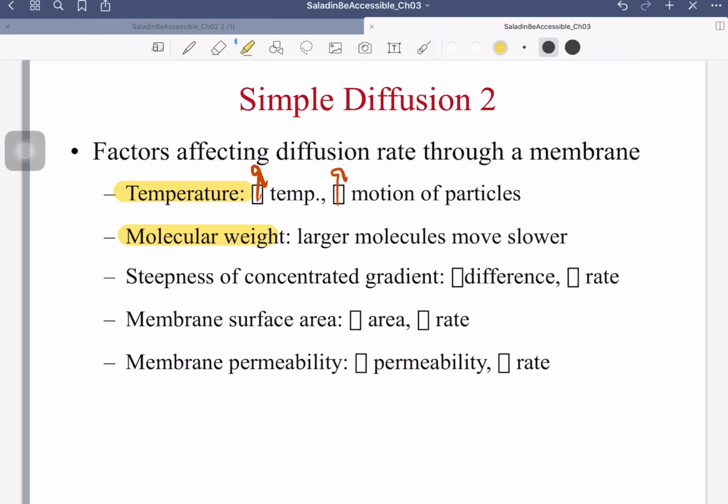Also, what is the difference in concentration gradient? If I have two concentrations that are almost identical, I'm going to get less stuff moving from high to low if that difference is very little. So we call it the steepness of the concentration gradient. If I have a big difference, an increase in difference of concentration gradient, then I'll have an increase in the rate.